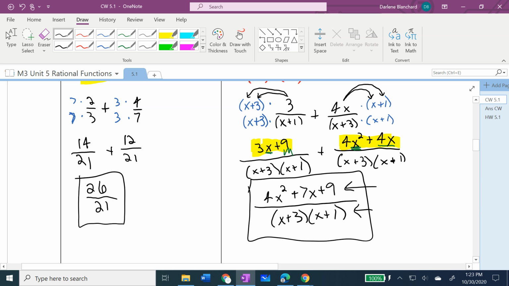Both the numerator and the denominator are considered simplified. The denominator is simplified in factor form. The numerator is simplified in expanded form.